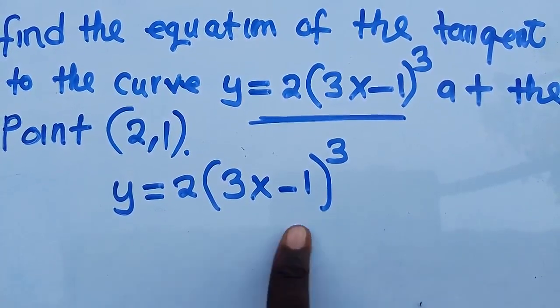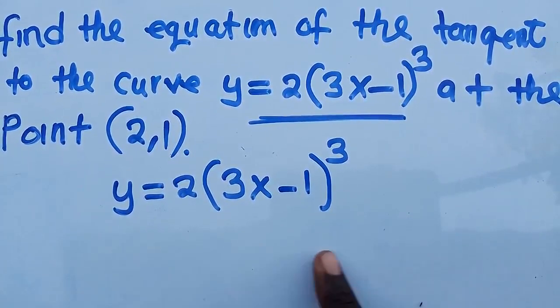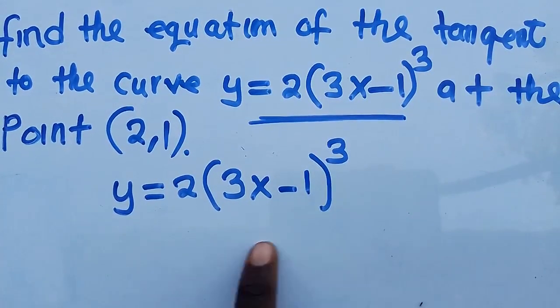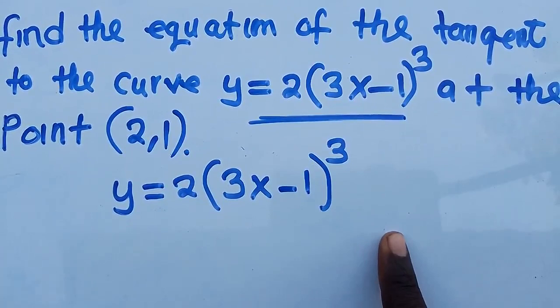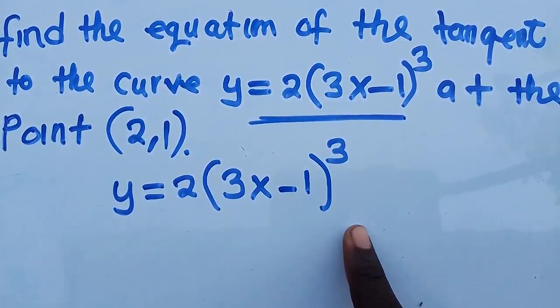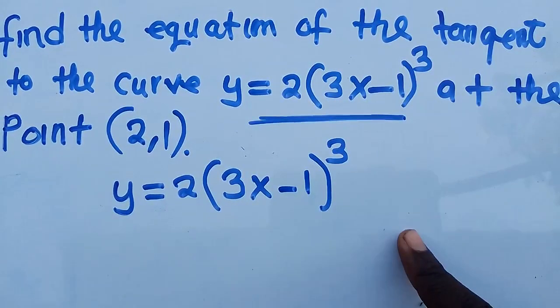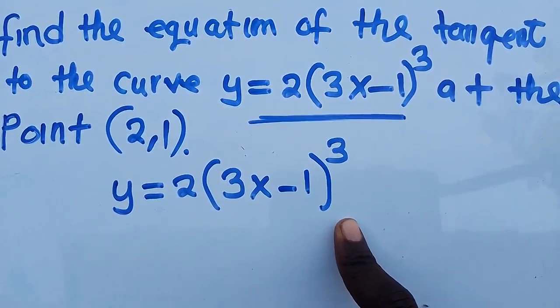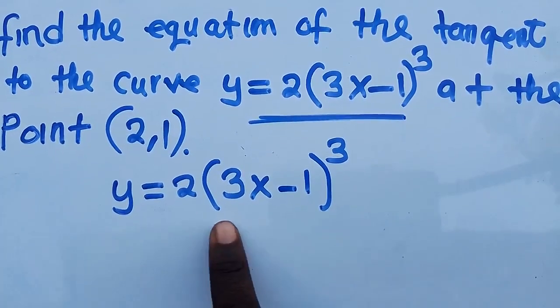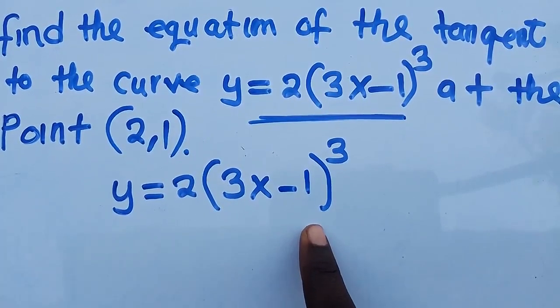Whenever you see a question in this format and you are told to differentiate, the rule that we are going to apply here is called the chain rule. Any question that looks like this is coming from the chain rule.